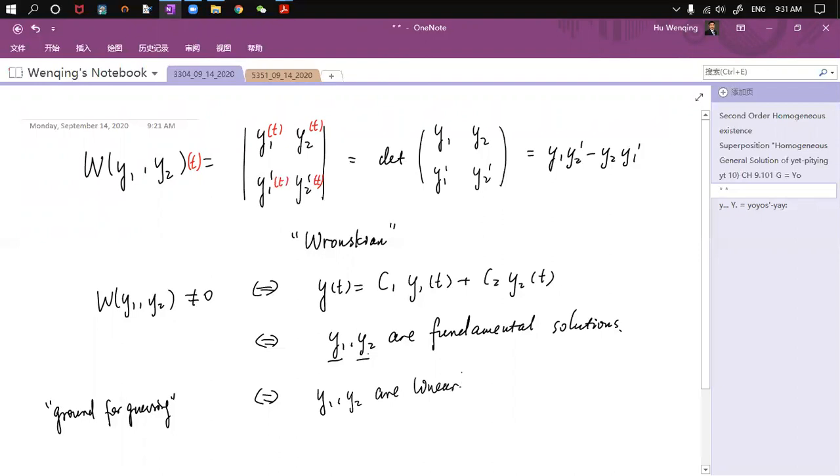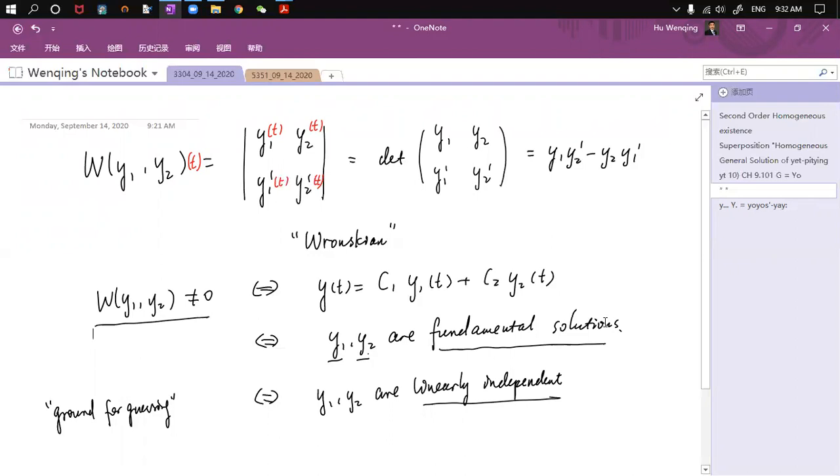This is just terminology, and we will come back to it later in this course. But here, let me just say that linear independence is the same thing as saying fundamental solutions, the same as saying the Wronskian is non-zero, and the same as saying that the particular solution exists and is unique.